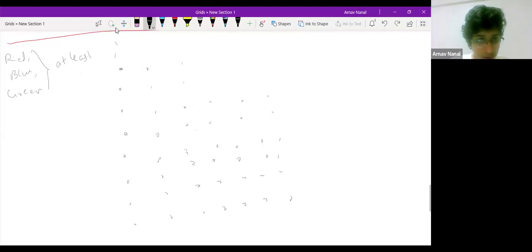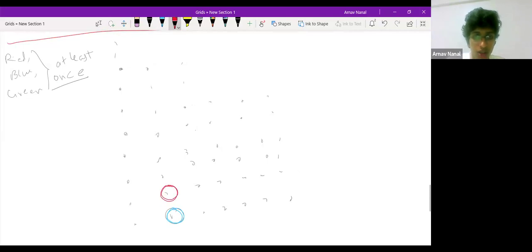Also, you are given that (0, 0) is blue. You are given that this point is blue and this point is red.